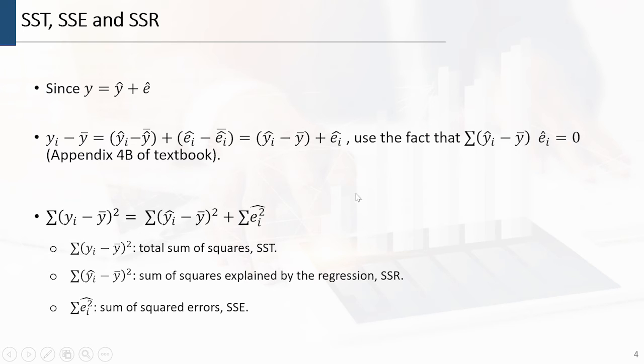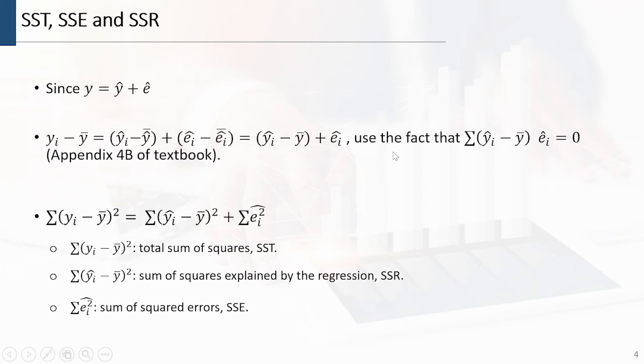Well, I think most of you probably have already studied R-square in previous courses. Just to go over again what you have studied. We know that from the regression model, y is equal to y hat plus the estimated error term, the residual. So the true value of y should be equal to the estimated y plus the residual.